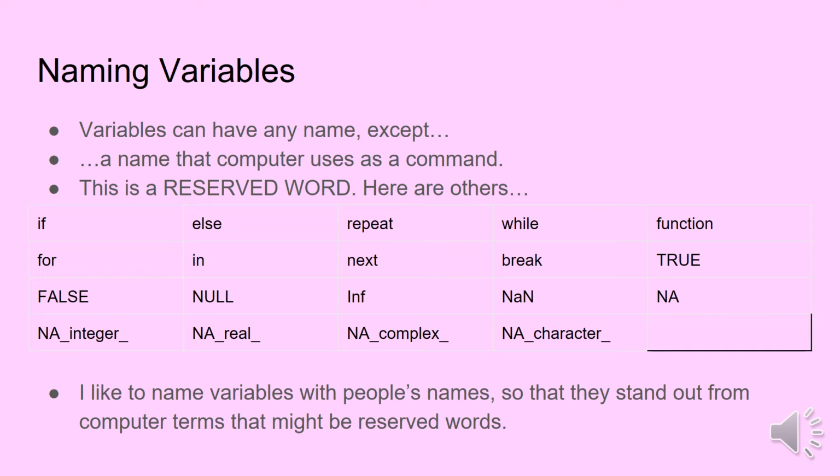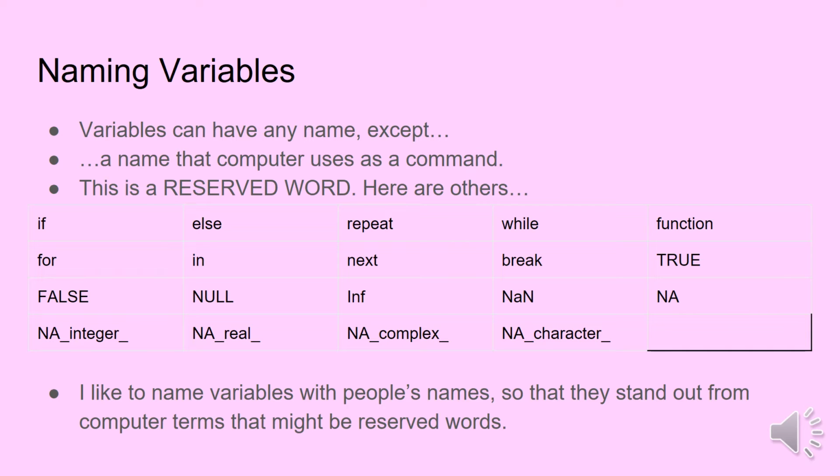When you name variables, you do have to be a little careful because the computer uses what are called reserved words, which are words the computer uses as code commands in the computer language. So to prevent any confusion, I always use a person's name for a variable.